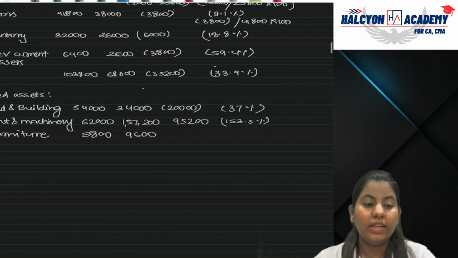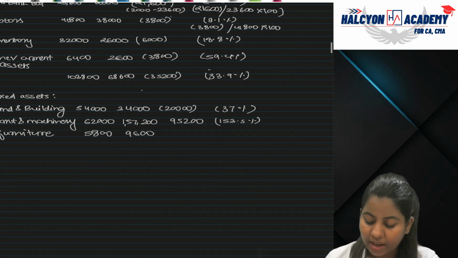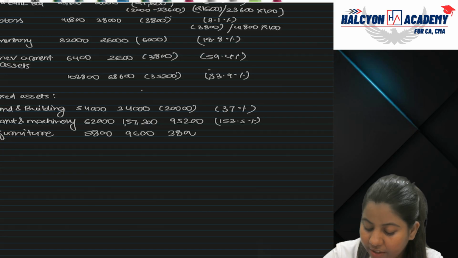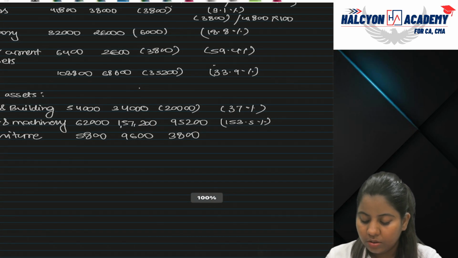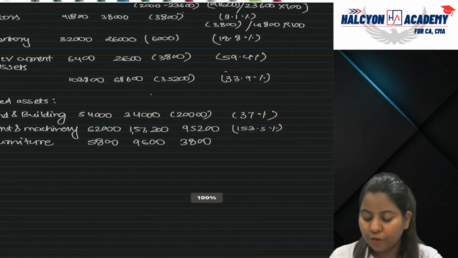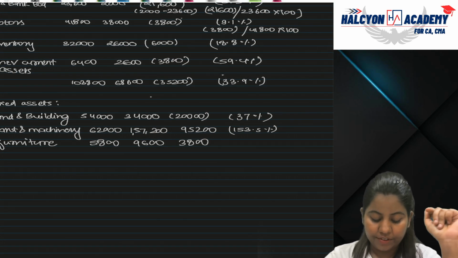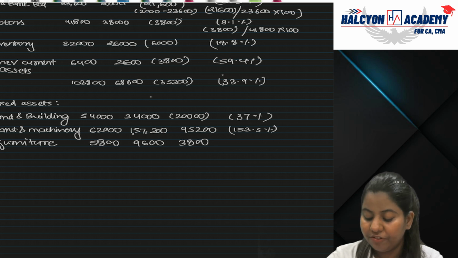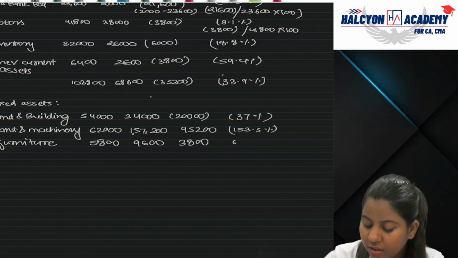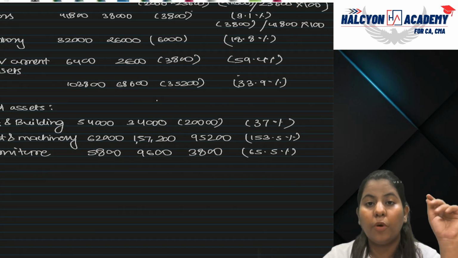So it is also increasing, by 3800 rupees. Again it is positive. So what will be the percentage change? 3800 divided by 5800. It will be rounded off to 65.5%.